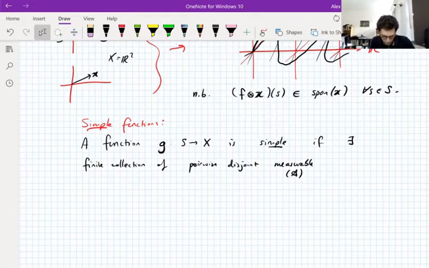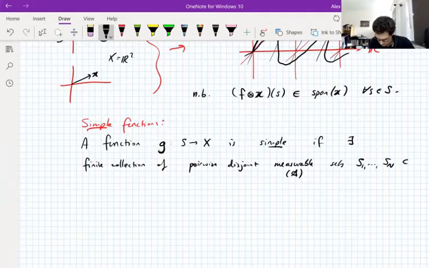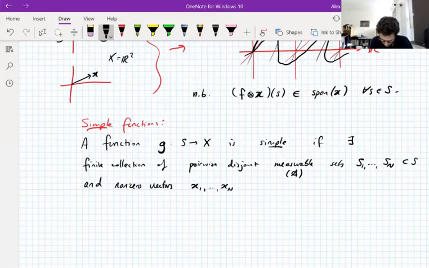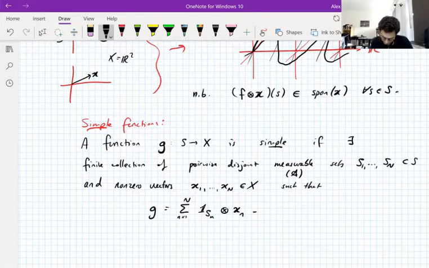So a finite collection of pairwise disjoint measurable sets S1 through to Sn and non-zero vectors x1 up to xn in the Banach space, such that g is given as the linear combination, sum from 1 to n, of the characteristic function of Sn, tensor the vector xn, using the notation that we introduced before.